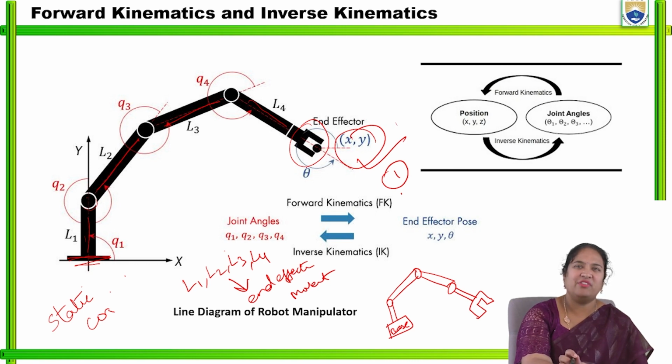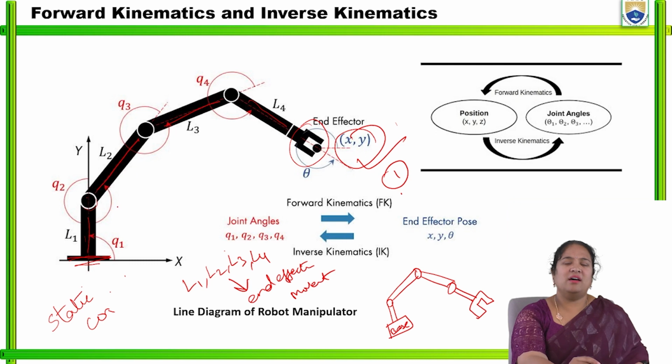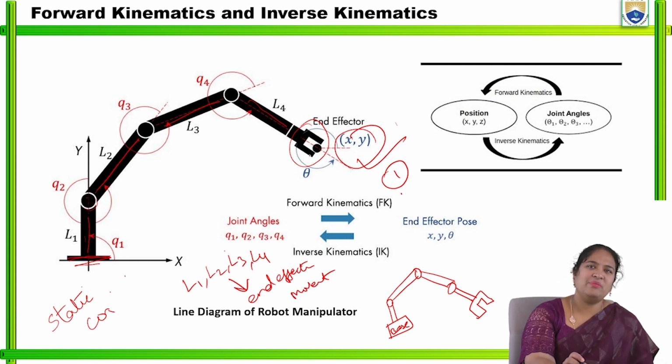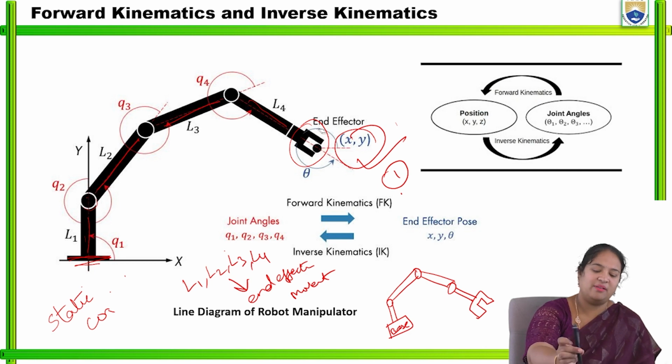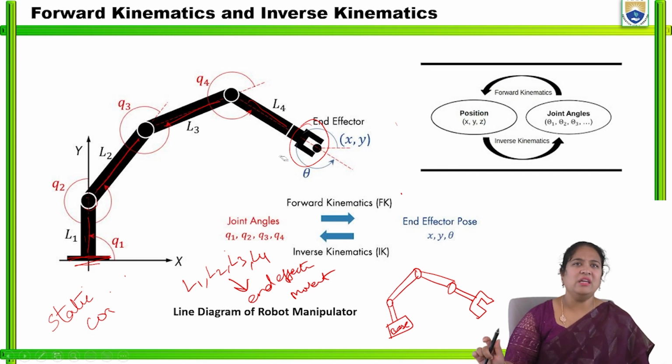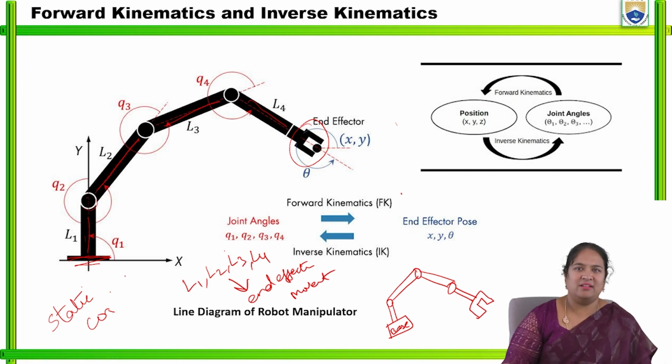With the help of the inverse kinematics, we will find out the joint angles, right? That is, in the forward kinematics, with the help of the joint angles, we will find out the end effector position. Whereas in the inverse kinematics, with the help of the end effector position, we will find out the joint angles, vice versa. So that is known as the forward and the inverse kinematics.